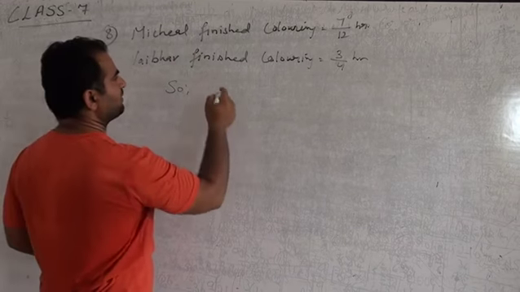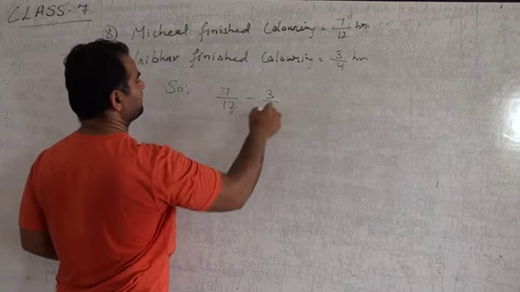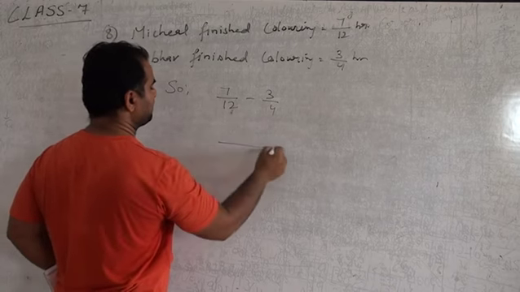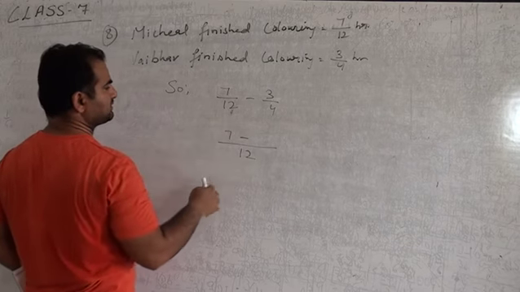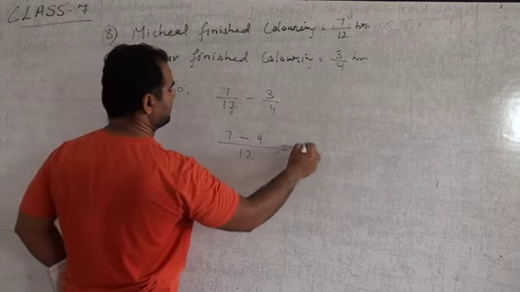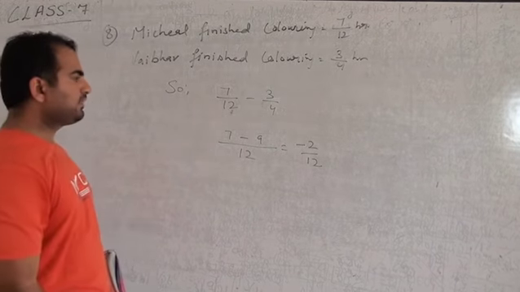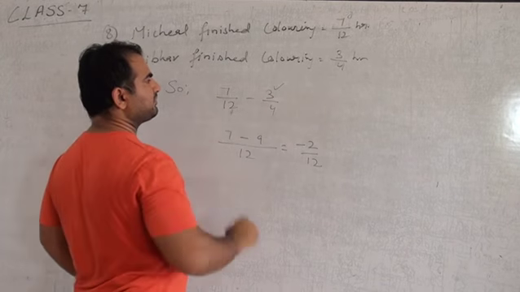So, 7 upon 12 minus 3 by 4. The LCM of 12 and 4 will be 12. It will be 7 minus 4 3s are 12, 3 3s are 9. It will be minus 2 by 12. It means the second one was bigger.